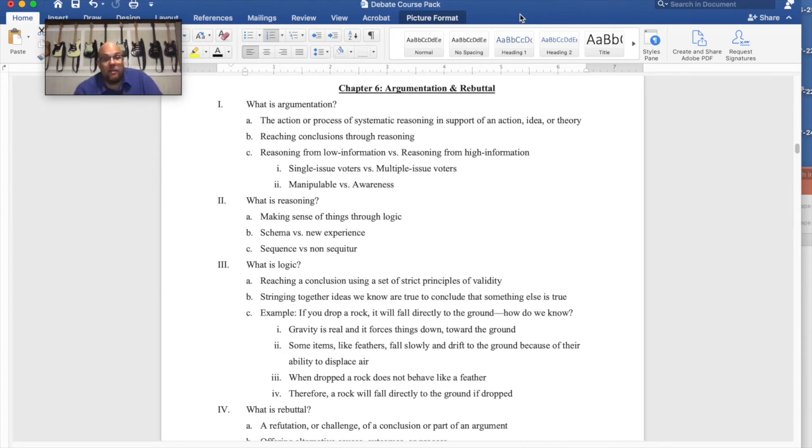Some items, like feathers, if you let them go, they won't go directly to the ground. They'll kind of do the float, right? That's not a direct path. They'll go to the ground, but not directly. But this is not like a feather. This doesn't displace air in the same way. So when dropped, a rock doesn't behave like a feather. Therefore, the rock will fall directly to the ground, and it did.